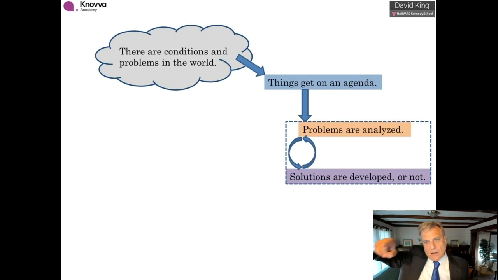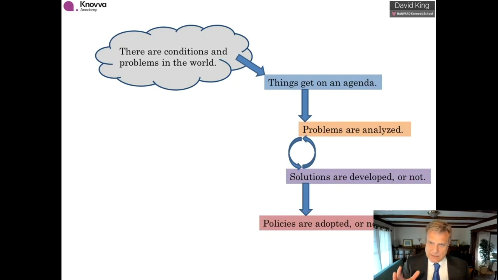And there's this cycle as you try and attach solutions onto problems that are being analyzed. The outcome of that, again, whether it's a legislature, an administrative agency, whatever it is, is that policies are adopted or not. Public policies, which are supposed to be solutions to the problems that have gotten on the agenda as we've redefined conditions as problems.